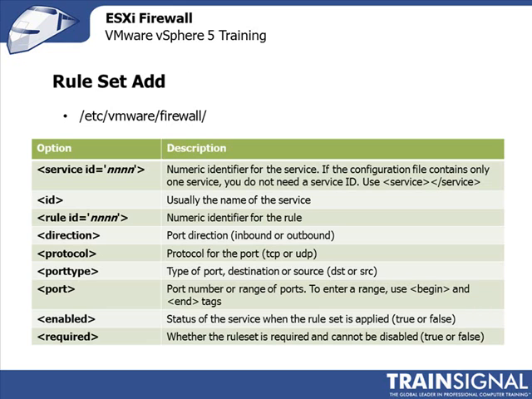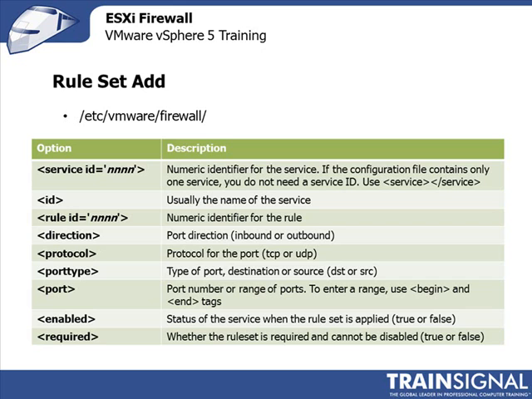From a rule set perspective, in order for you to find the particular rule set, if you wanted to add things to that rule set, it is available in the /etc/vmware/firewall directory. And in order for you to construct the file, these are the different variables that you have here that will make up the construct of this particular rule set. Next to each of them, there's a quick explanation of what each of these values does.